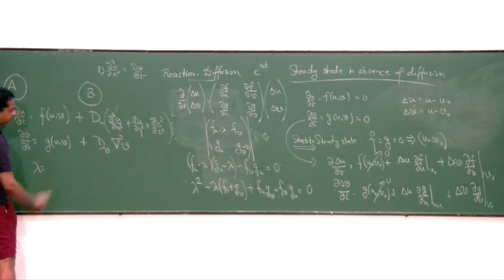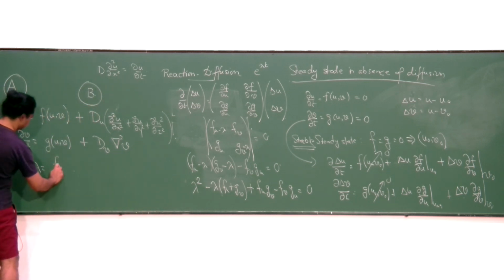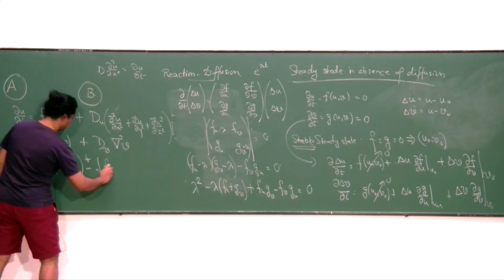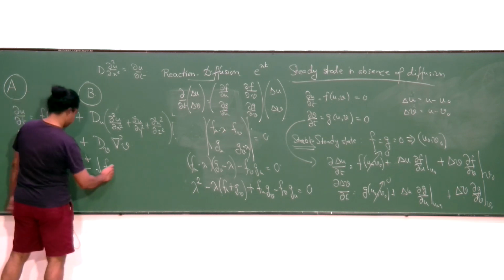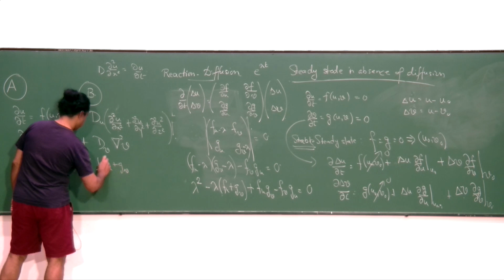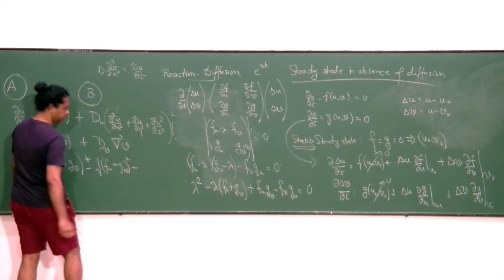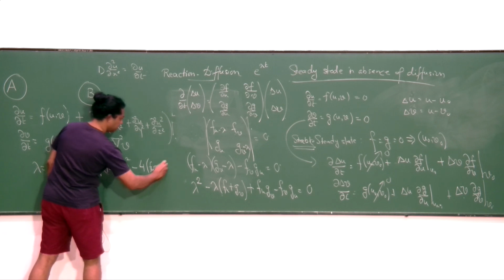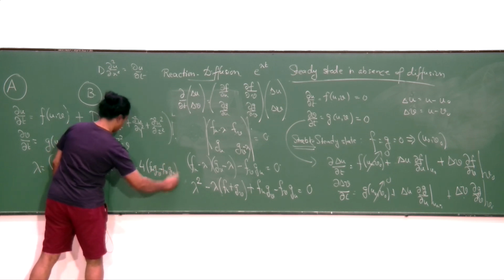So lambda is minus b, so (Fu plus Gv), plus or minus the square root of (Fu plus Gv) squared minus 4 times (Fu Gv minus Fv Gu).